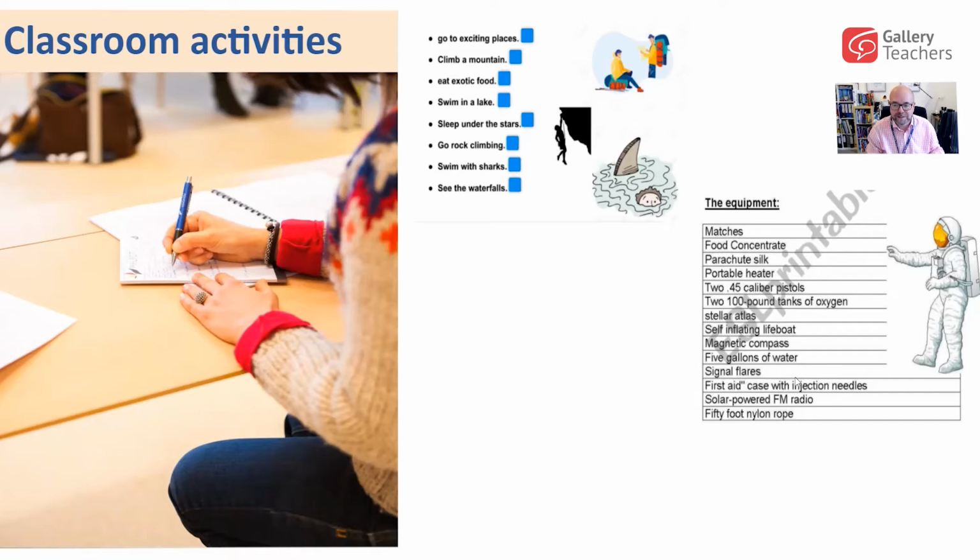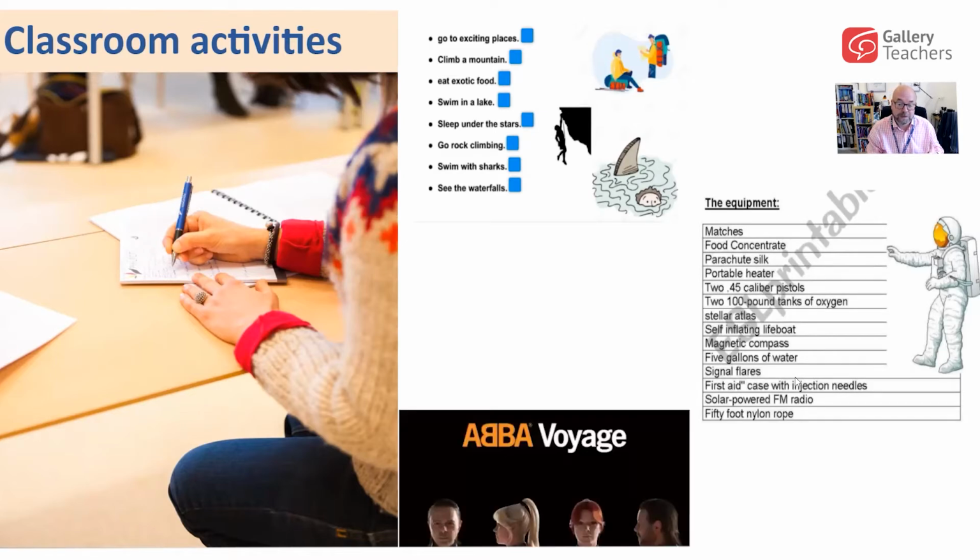Now, my third activity, and it's a very popular speaking activity, is based around a song. This is based around the new ABBA release. And as you'll be aware, ABBA will be appearing in concert. Lots of people are talking about it. And they will be appearing, in fact, as avatars.